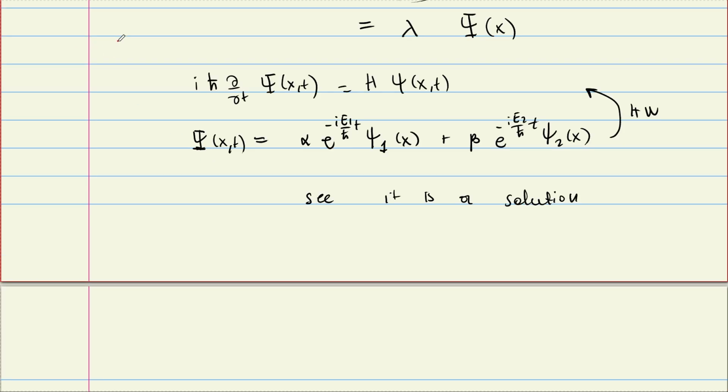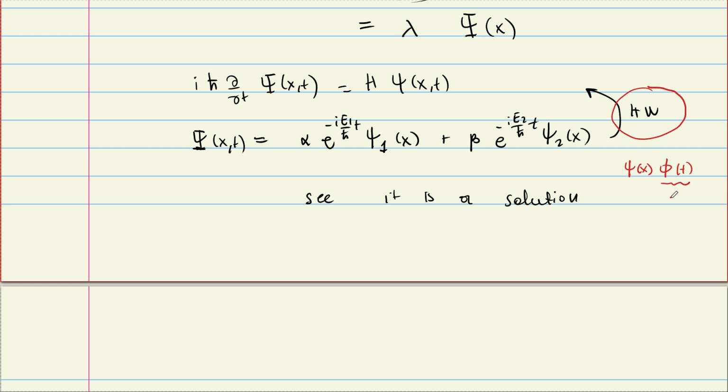So let's consider another problem, and this is part of the homework. Your job is to figure out, and here's the hint: we said the full solution was separable, a purely x-dependent part and a purely t-dependent part.